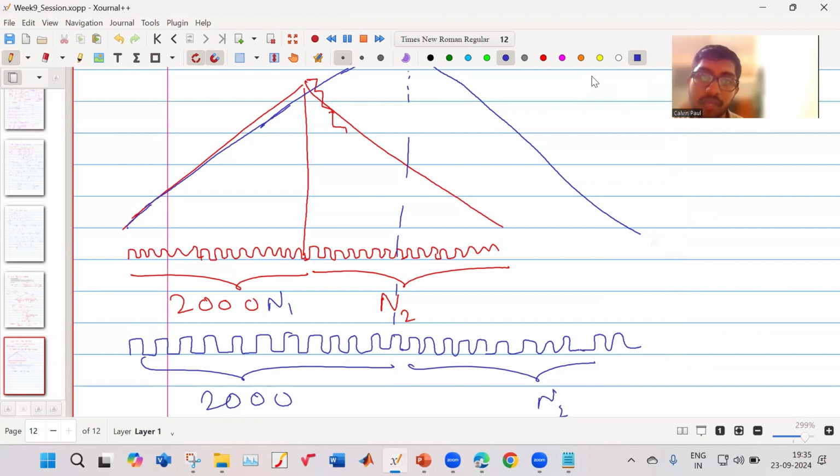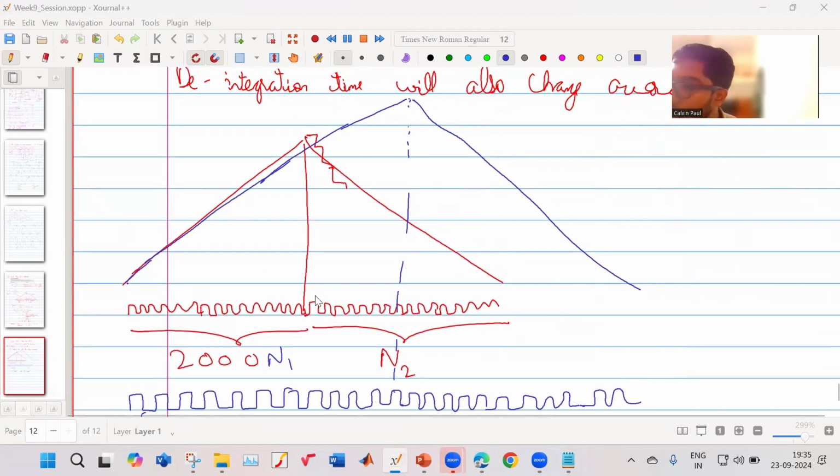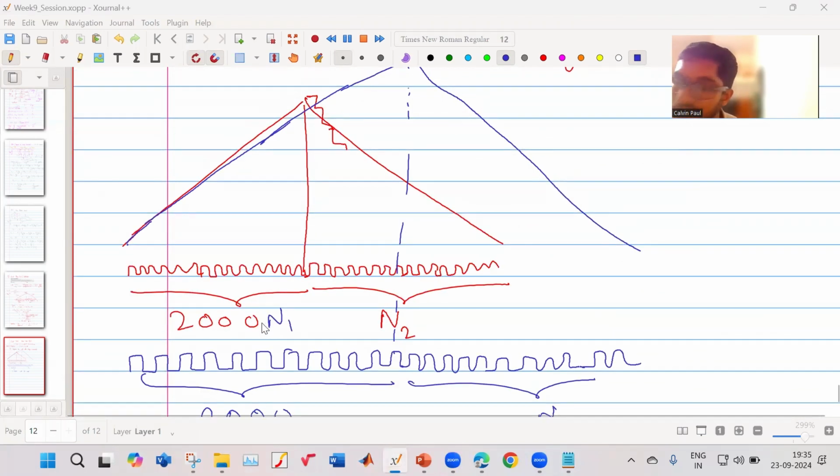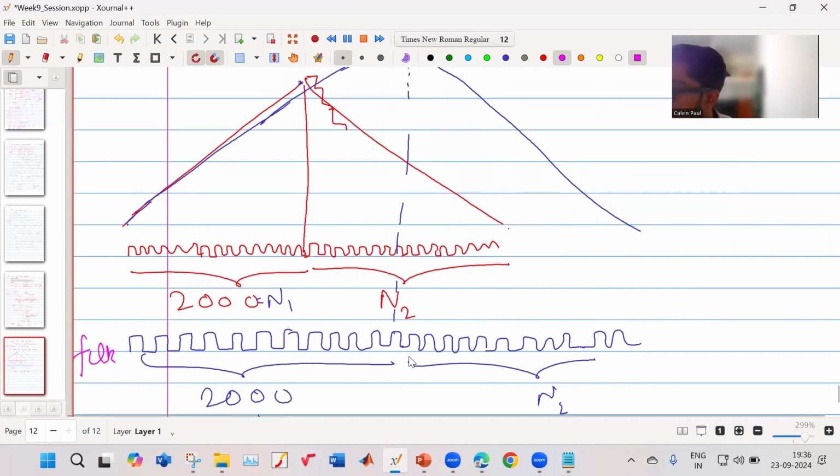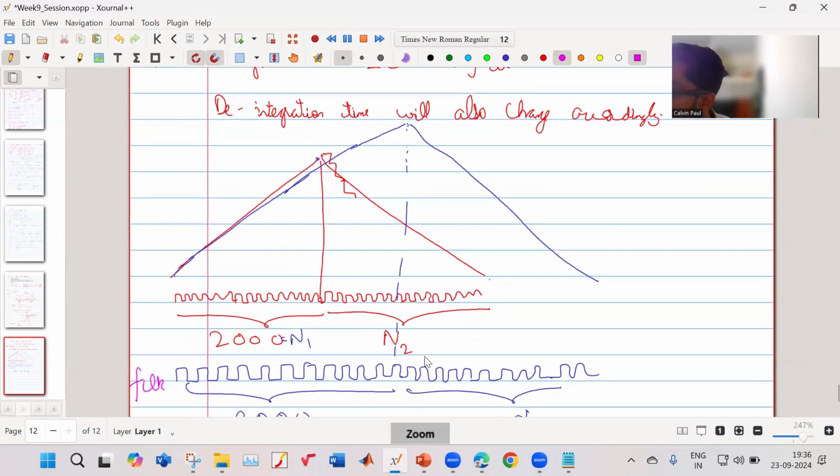Actually, the error part, let me repeat it. In the normal case, it is taking 2000 cycles. The clock takes 2000 cycles, it reaches the maximum, and then it is reducing. In the next case, your clock has become slower, so your V input will be connected for more time, so it will reach a higher peak, and then it will take more time to reach the bottom.